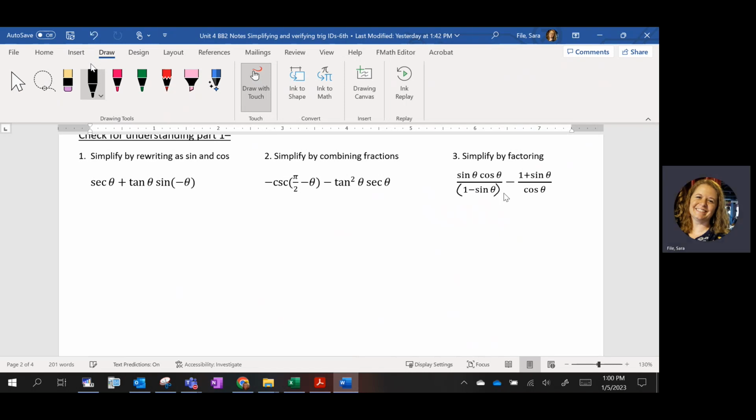So I'm going to multiply both fractions by the opposite denominator. This fraction, both the numerator and denominator, are going to get multiplied by cosine. And on this side, this fraction is going to get multiplied by 1 minus sine.